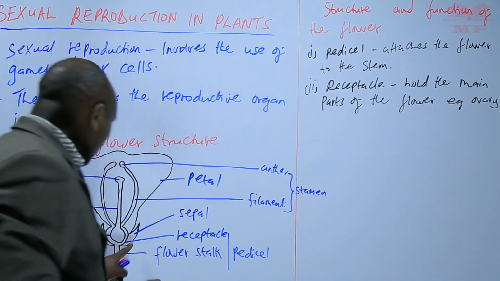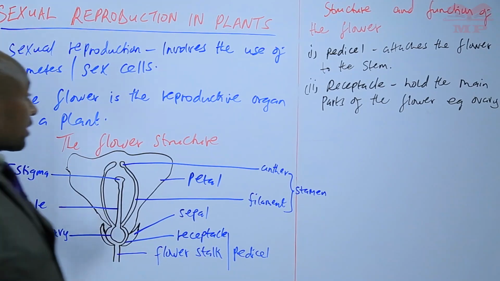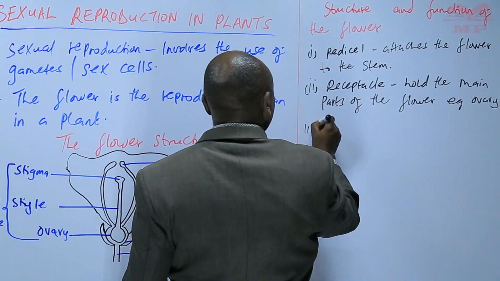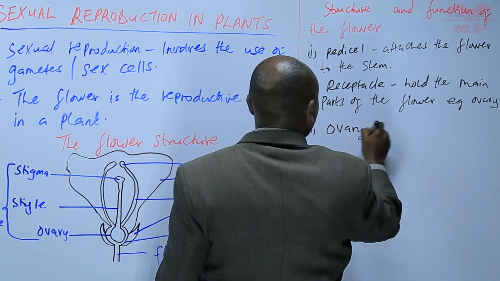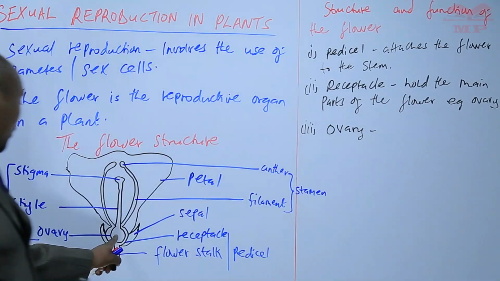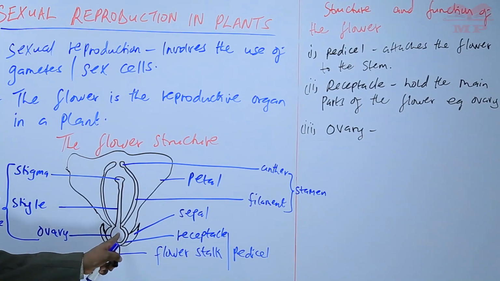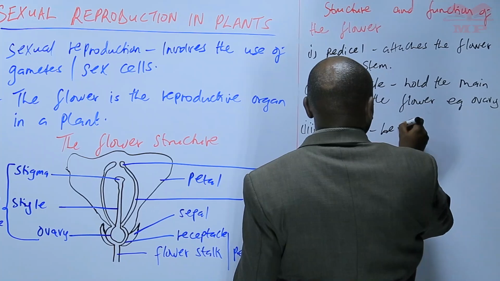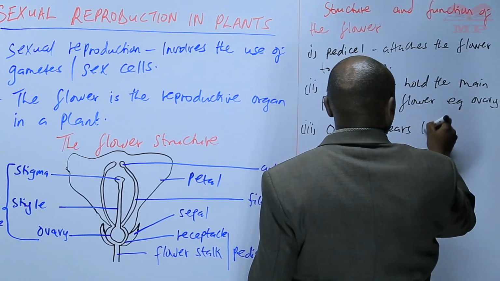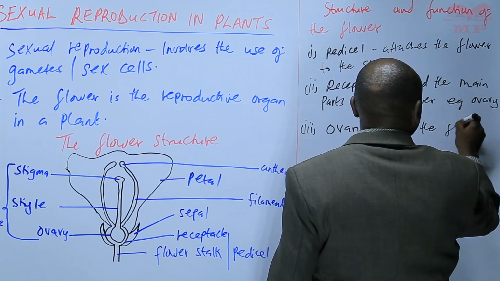Then we'll take the ovary. This is the part now that bears the female gametes. So the ovary bears or produces the female gametes.